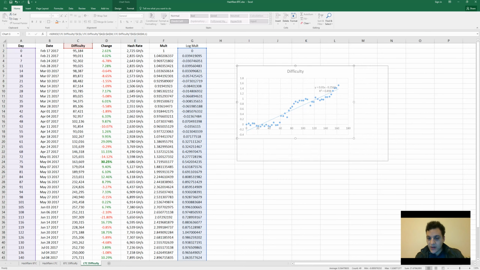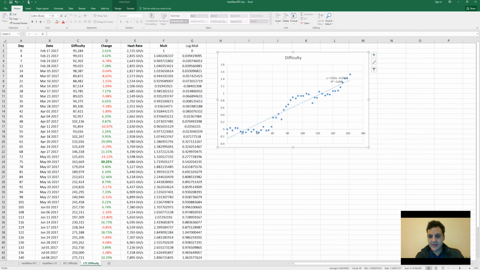So it's not quite as linear as the Bitcoin was, in large part because of these initial difficulty changes. They weren't really increasing, they were being pretty steady. But since then, it has been quite linear. So in my modeling, I'm actually not going to include this data because it's not a good representation of what's going on at the moment.